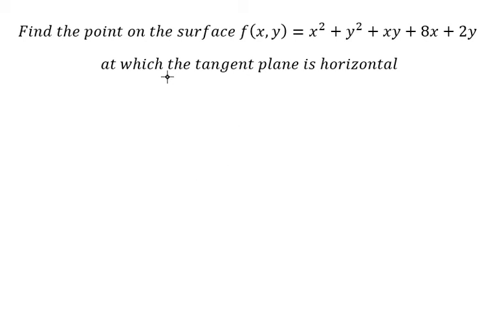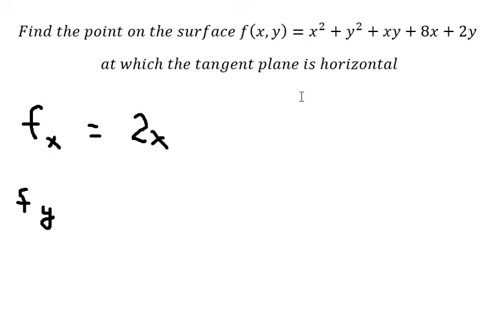If we want to find the tangent plane, we need to find first the derivative of f with respect to x and first the derivative of f with respect to y. For this one, we have x squared. So first the derivative of x squared, we have 2x.